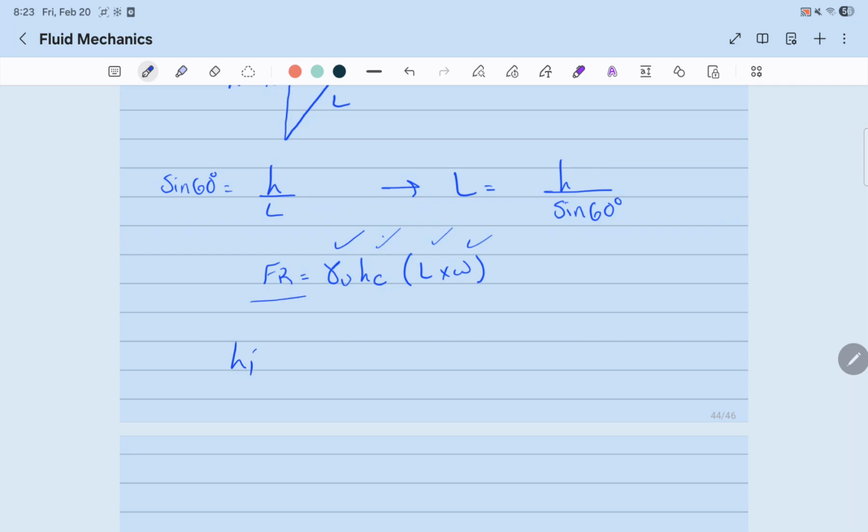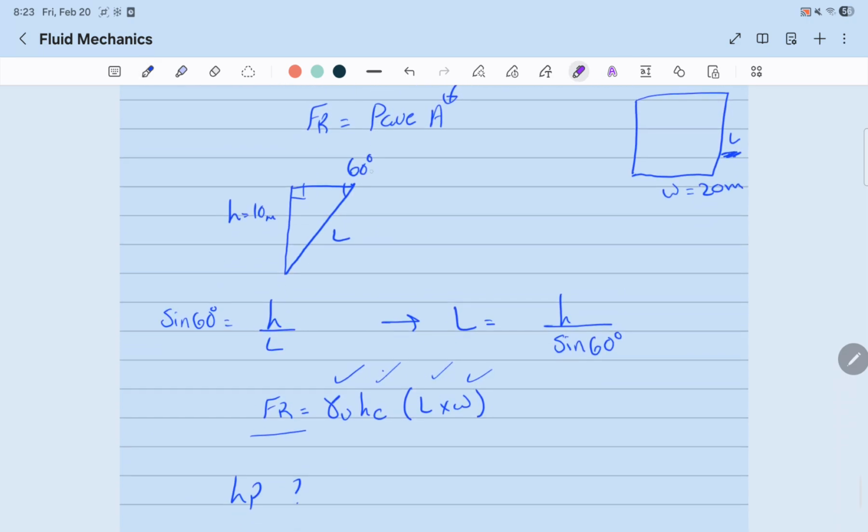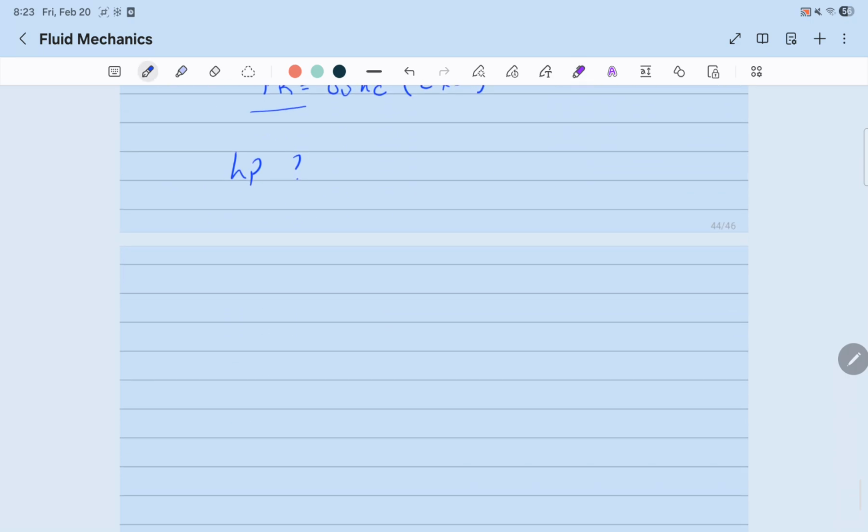Now the next step is to find where the resultant force is happening. If we take the same triangle, with L the inclined wall, H the depth, and the angle of inclination, which is 60, it's a right angle triangle. Now, we know that the pressure acting on the inclined wall at the surface is 0, right? And as we go deeper and deeper into the fluid, the pressure increases.